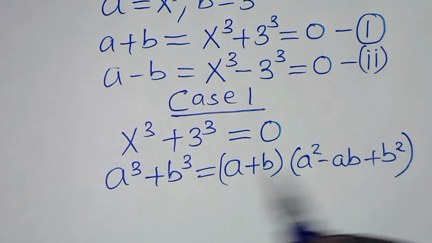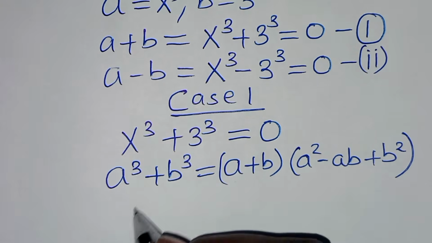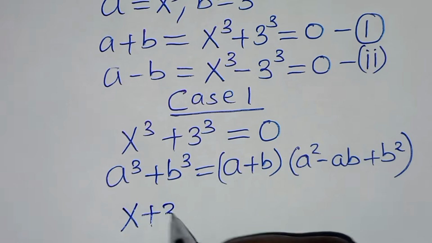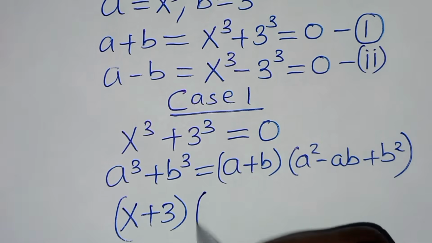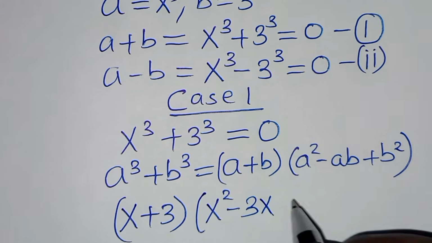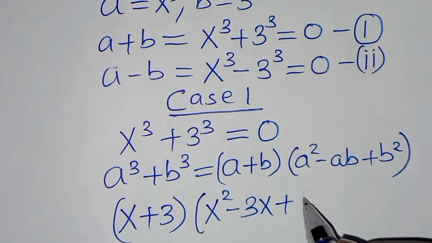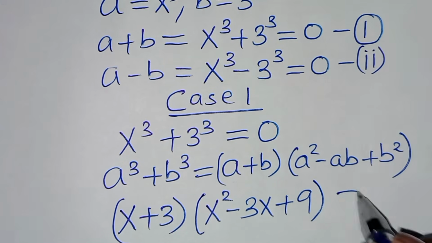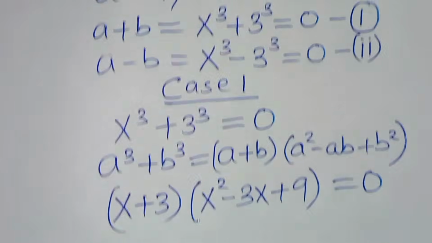Applying this identity, we have x plus 3, x squared minus 3x plus 3 squared, which is 9, equal to 0.